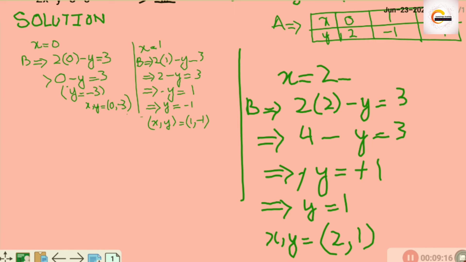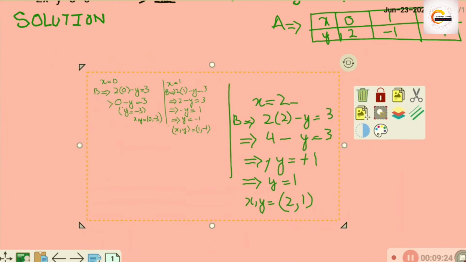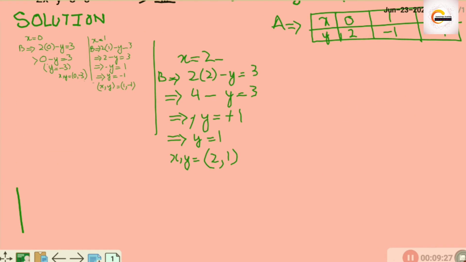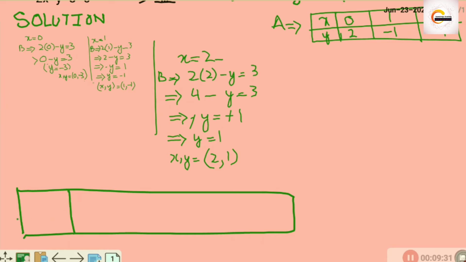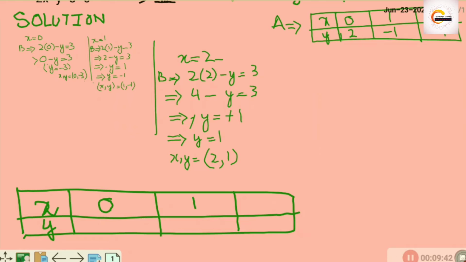Now I'm going to put all these values in a table. One table will be x, y, 0, 1, 2. When x is 0, the value of y is minus 3. When x is 1, the value of y is minus 1. When x is 2, the value of y is 1. So this is our table, and using these 3 points we are going to plot our graph.